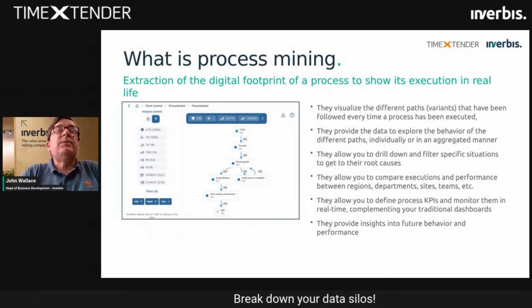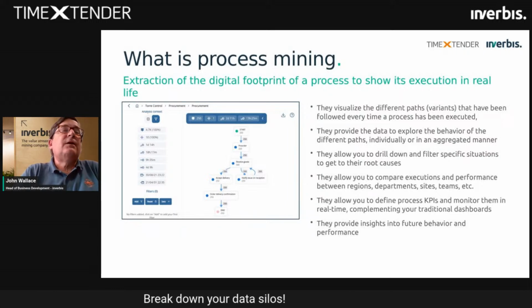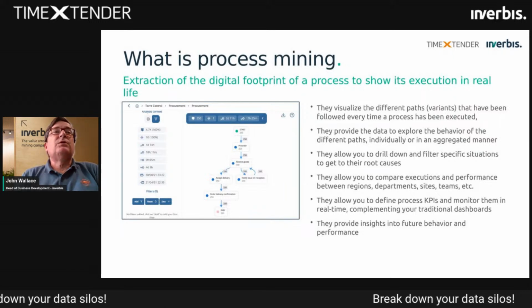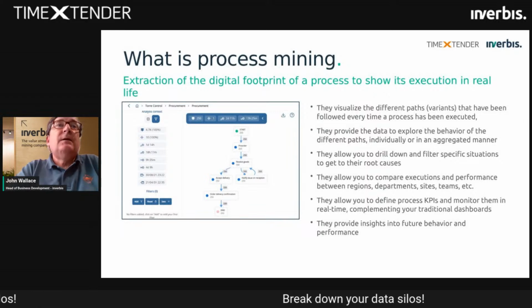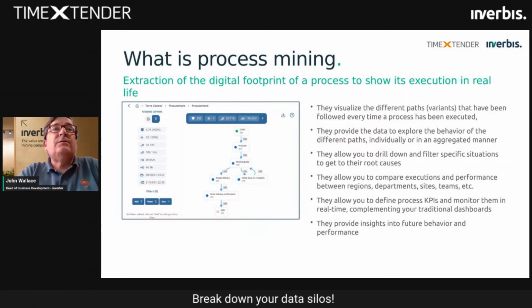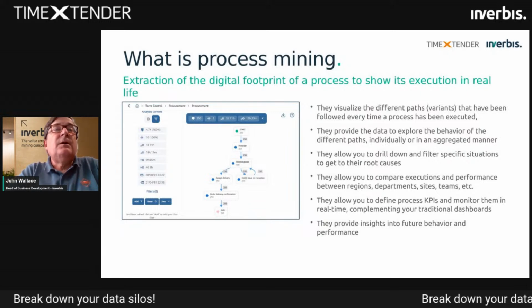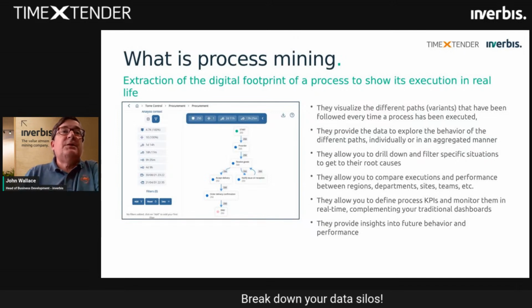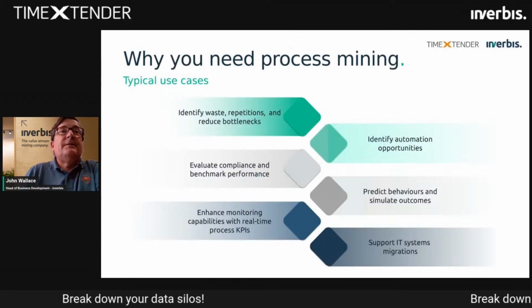You can complement them with a process view of where the process is breaking down. And finally, you can provide insights into the future behavior of these executions. What's going to happen? You can predict how these executions are going to impact your business, how they're going to be executed, what the times are, etc.